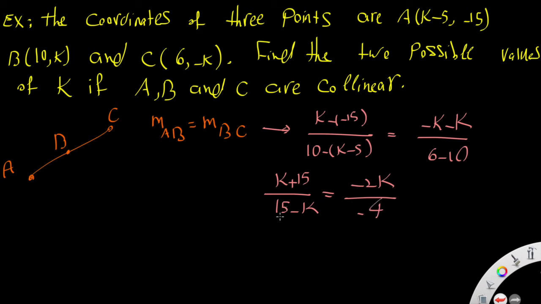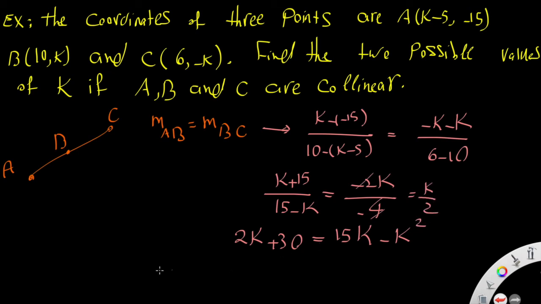So if you simplify and do cross multiplication, it would be 2k plus 30 is equal to 15k minus k squared. So here is k over 2 actually. Then minus k squared.